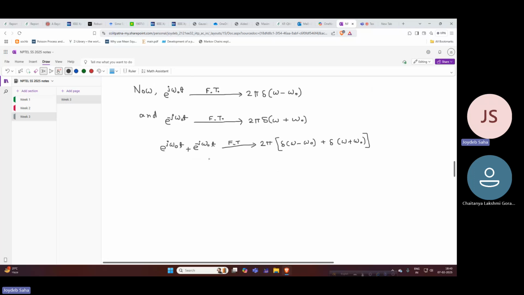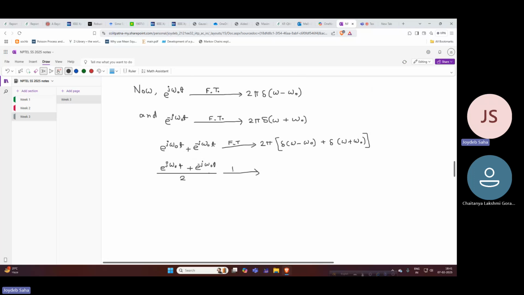Fine. We will divide it by 2. Then we get e to the power j omega 0 t plus e to the power minus j omega 0 t, divided by 2.